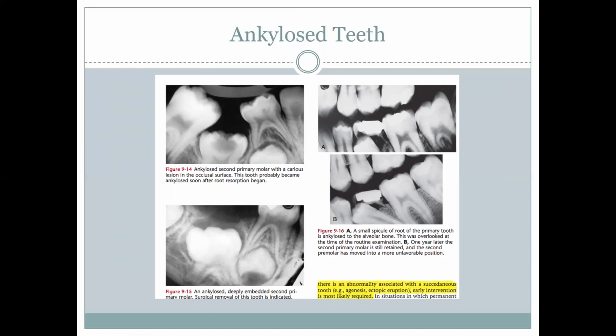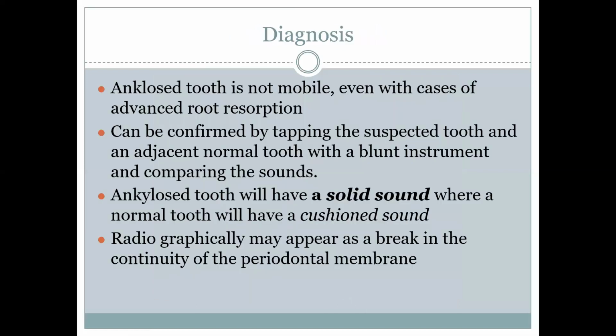So a year later, in photo B, the tooth is still there. It never moved, causing impediment of the eruption of the premolar tooth, as you can see. So the choice here for treatment should have been removal or extraction of that second primary molar when it was first observed. So diagnosis of an ankylosed tooth are several.